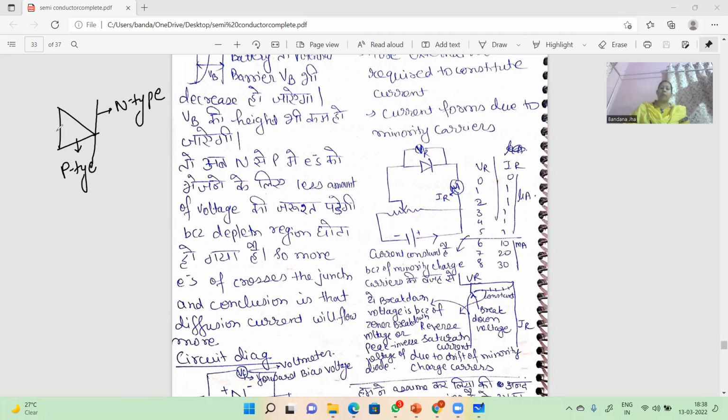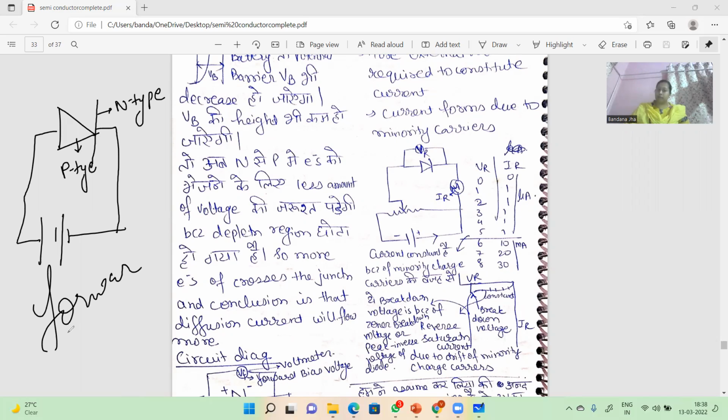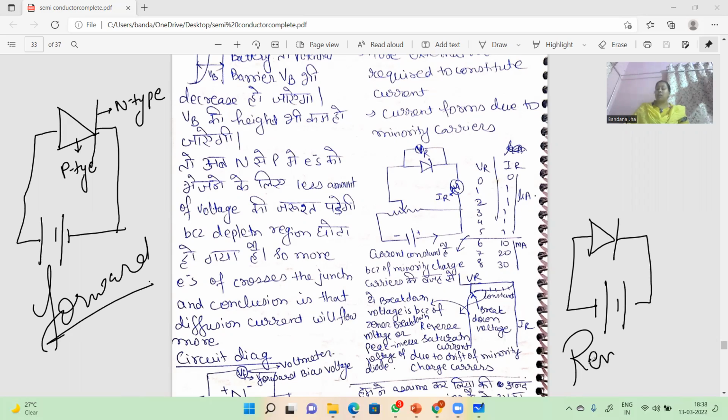So if P type is connected to the positive terminal of the battery and N type is connected to the negative terminal, then this is known as what? Forward bias. Whereas if P type is connected to the negative terminal of the battery and N type is connected to the positive terminal, then it is known as what? Reverse bias.